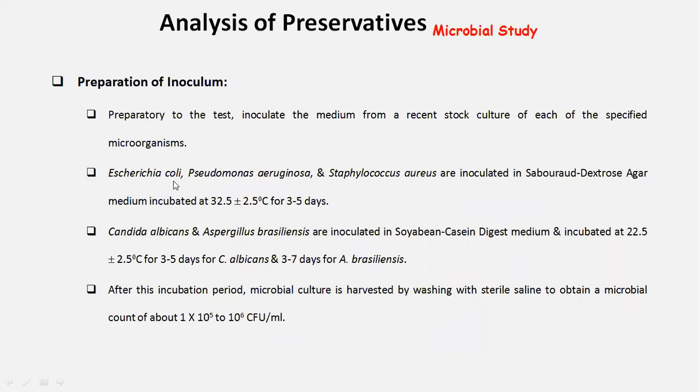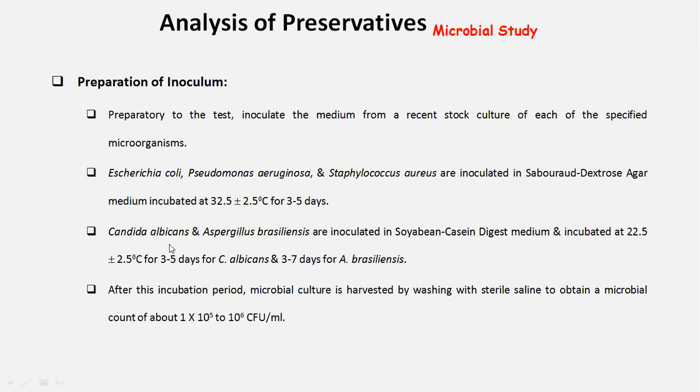Escherichia coli, Pseudomonas aeruginosa, and Staphylococcus aureus are inoculated in Sabouraud dextrose agar medium and incubated at 32.5 plus or minus 2.5 degrees centigrade for 3 to 5 days.